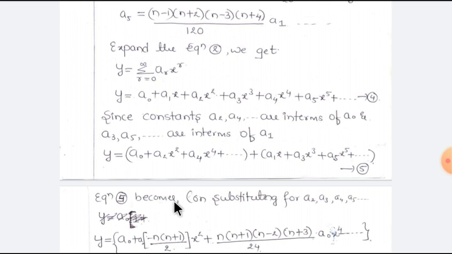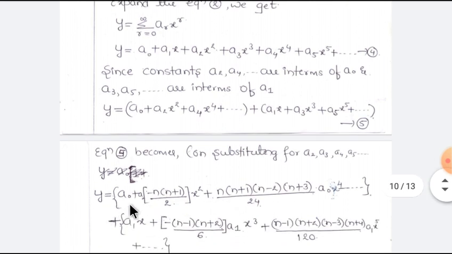In equation 5, substitute all the constant values a2, a3, a4, a5. We get y is equal to a naught and a1 kept as they are, because the even terms are in terms of a naught and the odd terms are multiples of a1.